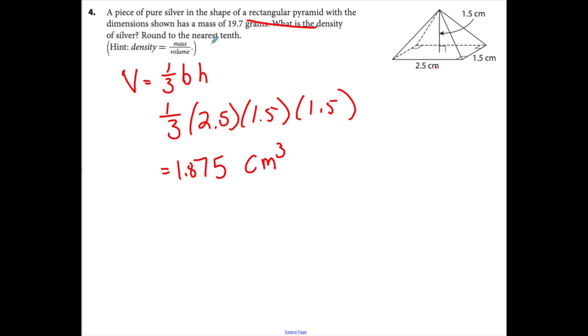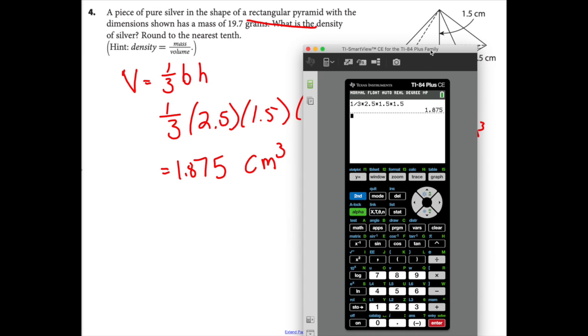And now I need the density of silver. So the density of silver is going to be 19.7 grams per 1.875 centimeters cubed. That is how you do density. It's always grams per centimeter cubed.